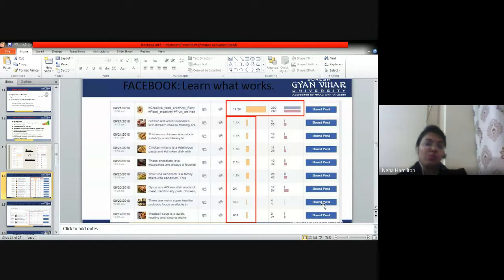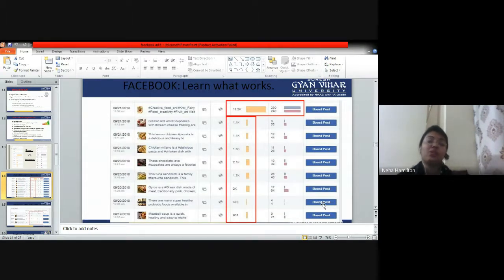Once you click on boost post, Facebook will ask you the total number of target audience you want to reach. So you will write down 500 more audience you want to reach, right? Facebook is going to charge you that amount of money, and ask you about the specifications of your target customers or people on whose Facebook screen it will be flashed.